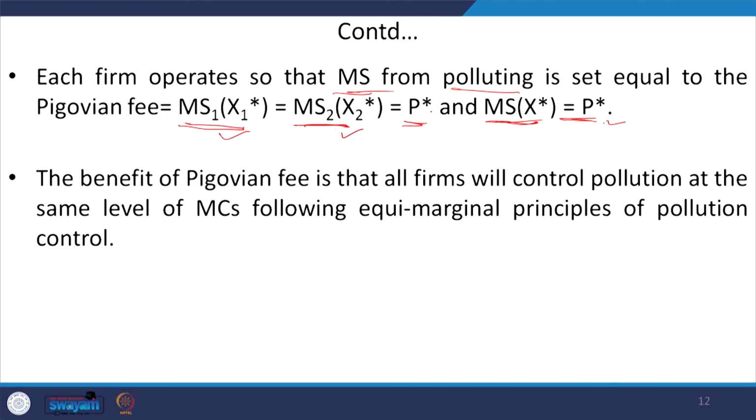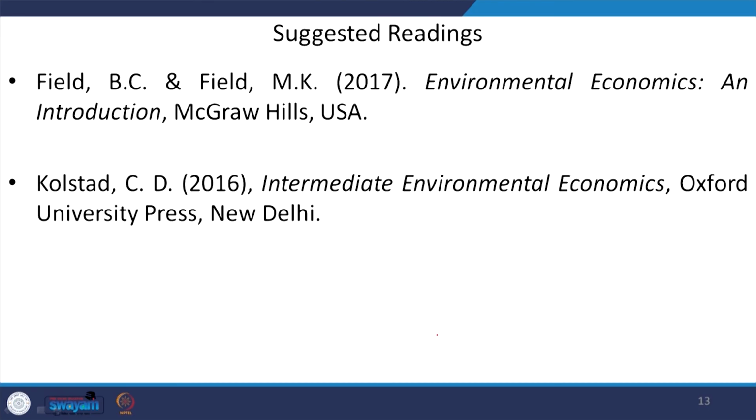So, what is the meaning of it? That means the Pigovian fee is taken into account and the equimarginal principle of pollution control is followed, where the marginal saving function of the first farm is equivalent to the marginal saving function of the second farm, which is equivalent to the Pigovian tax itself. Okay.